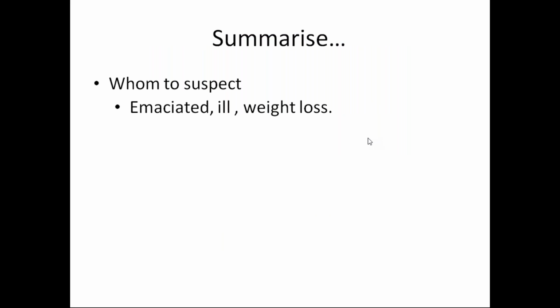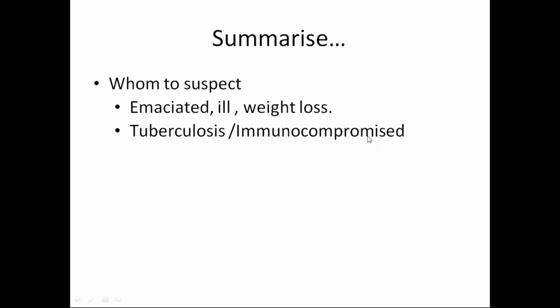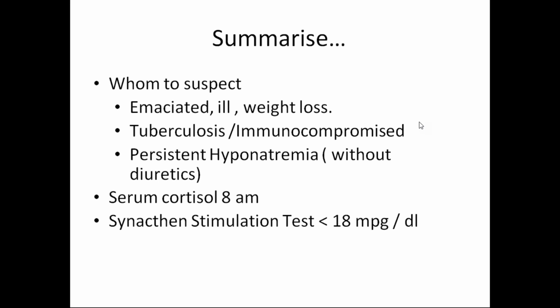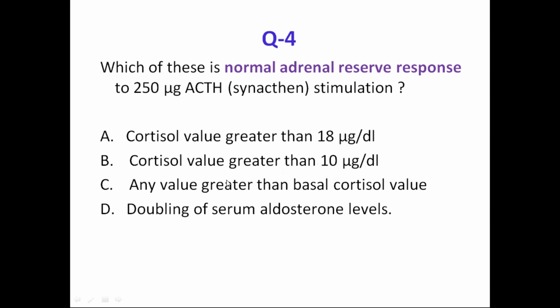When the patient is emaciated, ill, with weight loss, tuberculosis, immunocompromised, persistent hyponatremia even without diuretics. Serum cortisol at 8 a.m. less than 5, or synacthen stimulation test less than 18 micrograms, then replace hydrocortisone.